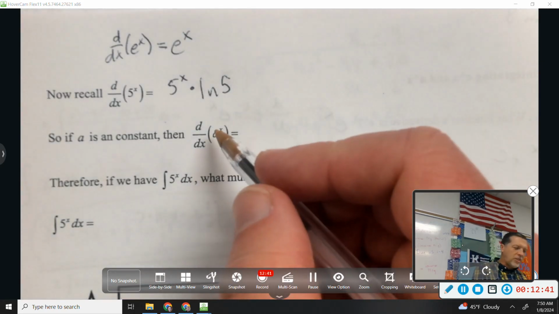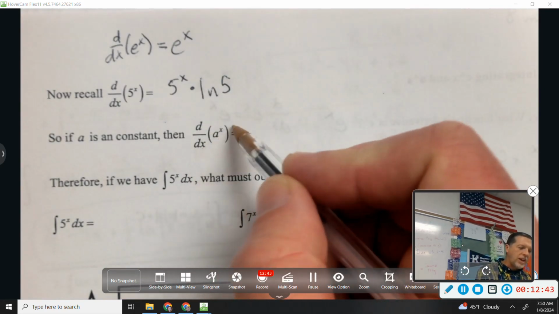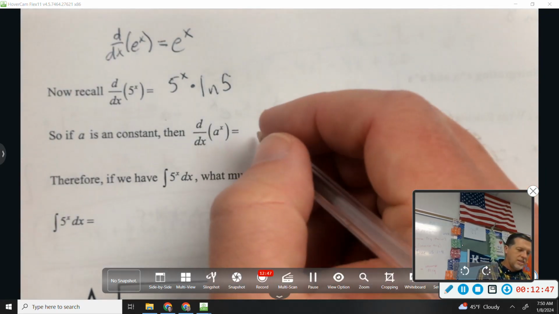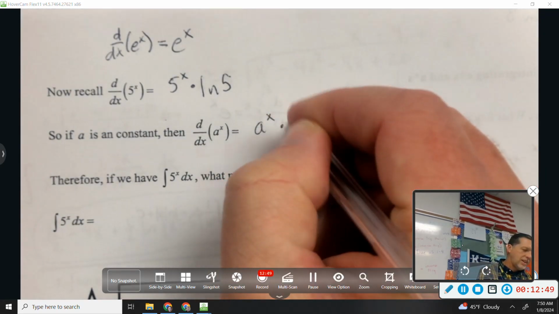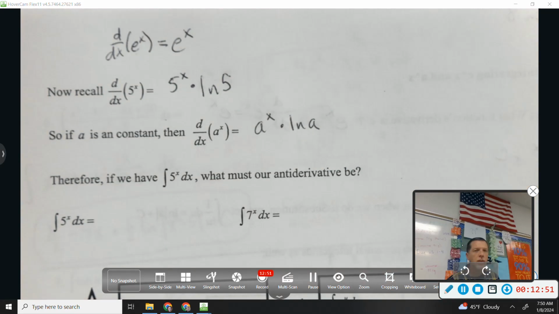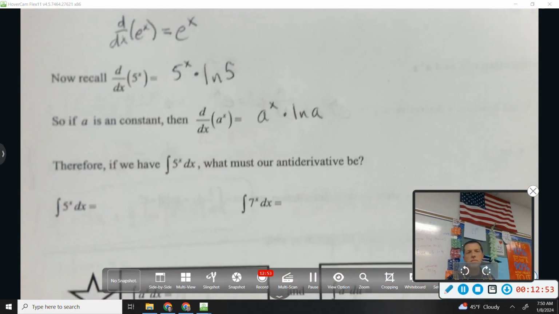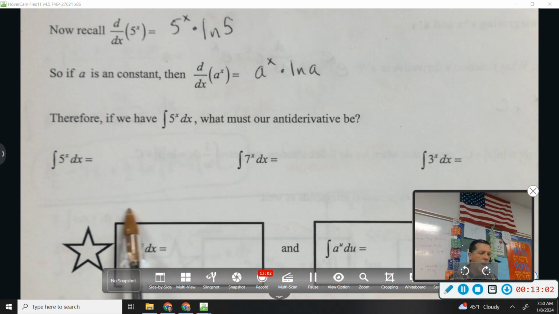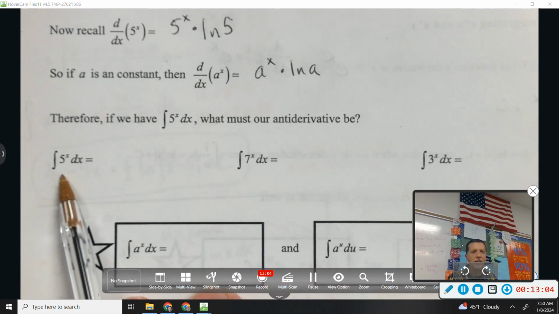So let's just say generically, what's the derivative of a to the x? A to the x times natural log of a. So if we take a derivative, we multiply by natural log of a. What do you think happens if we take an antiderivative?